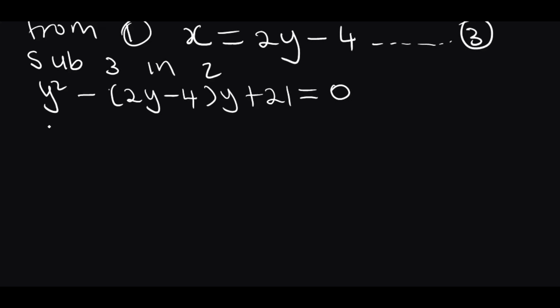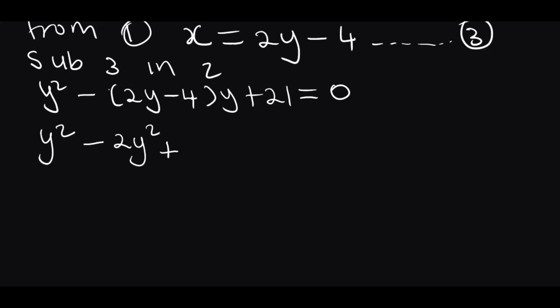Now we will have y squared minus y times 2y. That is gonna be negative 2y squared. Then y times, okay, negative in negative is gonna be positive.